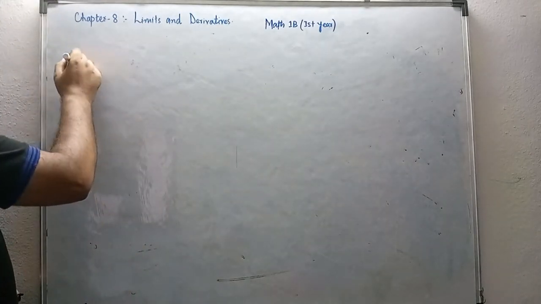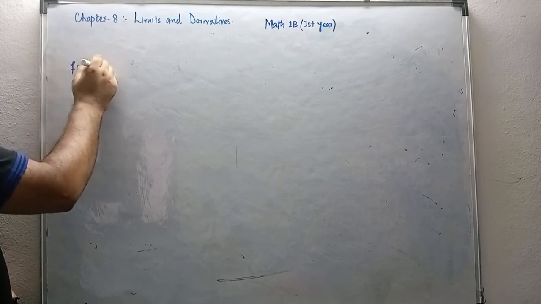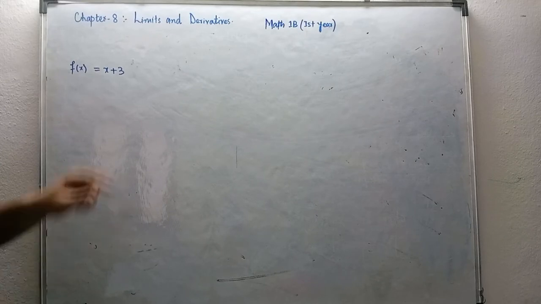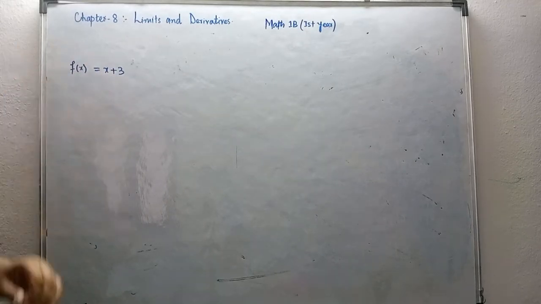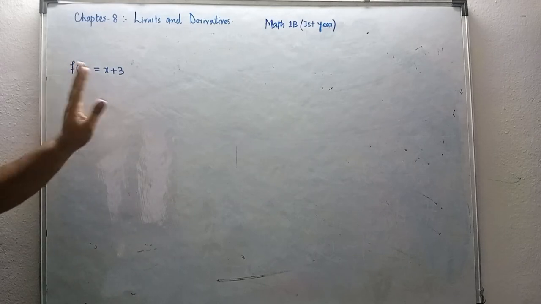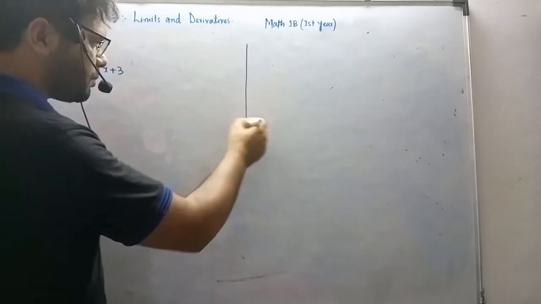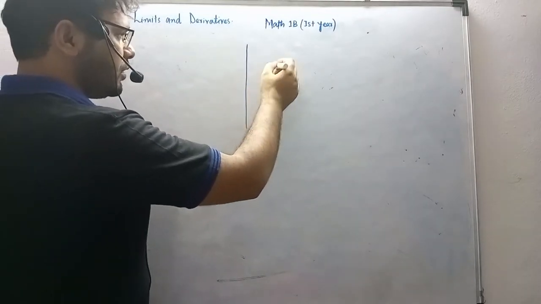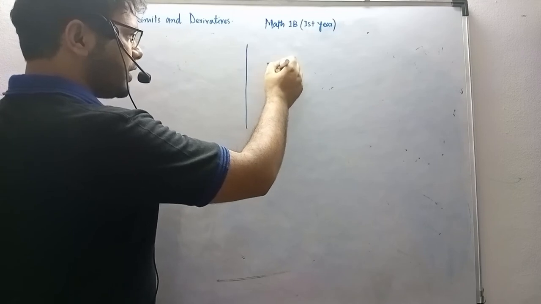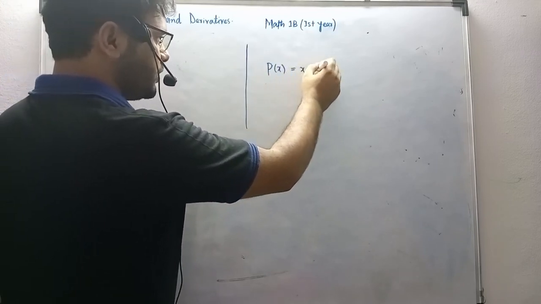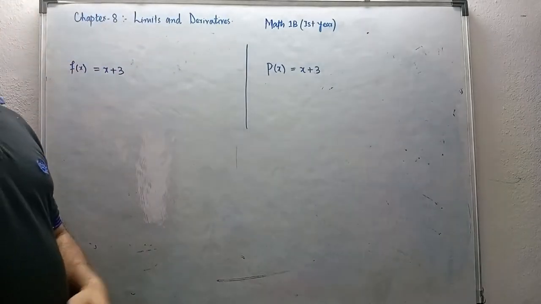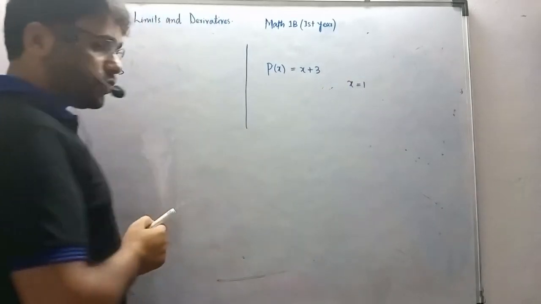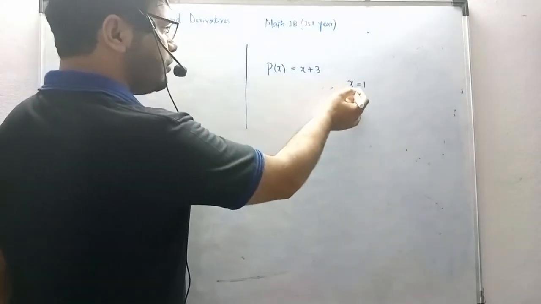I will write f of x equals x plus 3. So this is a function, the same as what you have studied in your previous class. If we have a polynomial p of x equals x plus 3, and I ask you to find the value of p of x when x equals 1, you will substitute the value of x here.